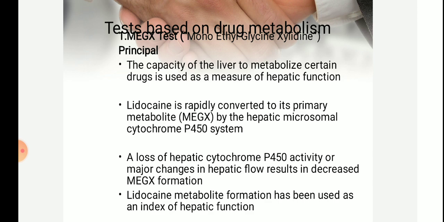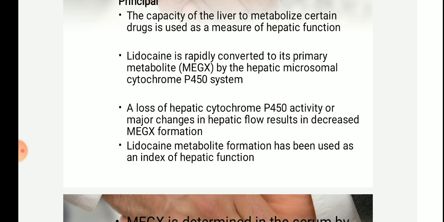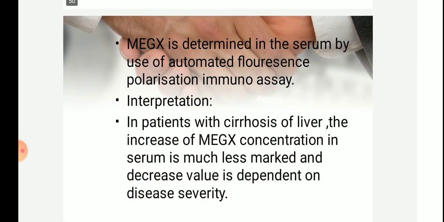This MEGX is determined in the serum by use of an automated fluorescence polarization immunoassay. How is the interpretation here? In patients with cirrhosis of the liver, the increase of MEGX concentration in serum is much less marked, and the decreased value is dependent on disease severity.